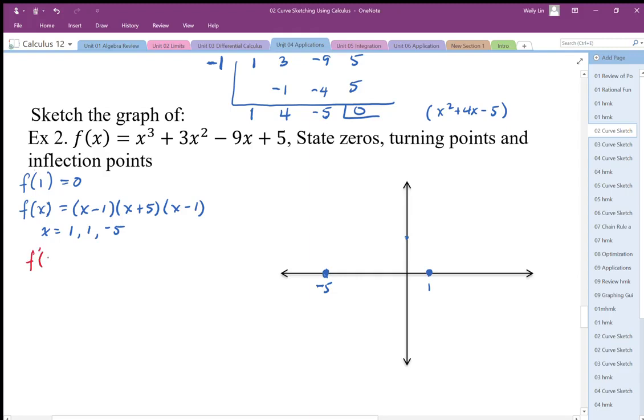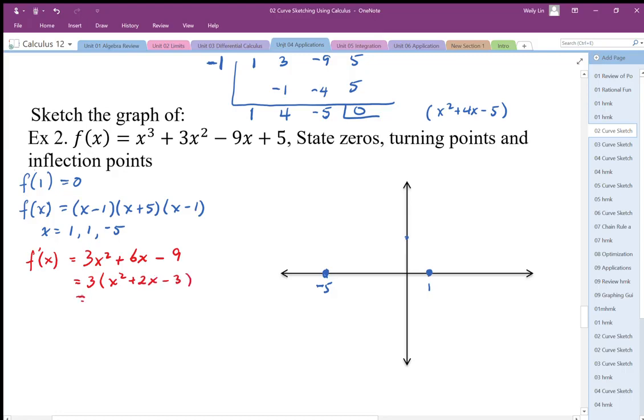So let's start with the derivative to find max and min. So f prime of x is equal to 3x squared plus 6x minus 9. That is factorable, I think. x squared plus 2x minus 3.